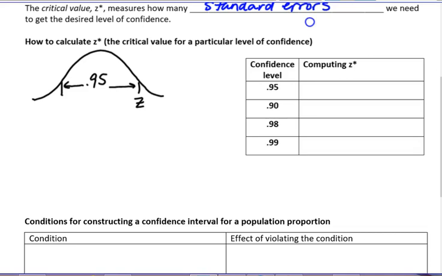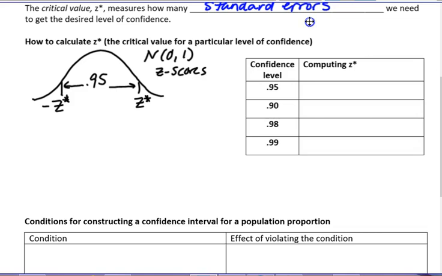So this upper cutoff point is the z-critical value. Now the lower cutoff point would be the opposite of the z-critical value. So this is based on a standard normal model where mean is 0 and standard deviation is 1. So these are all of our z-scores in a normal model.